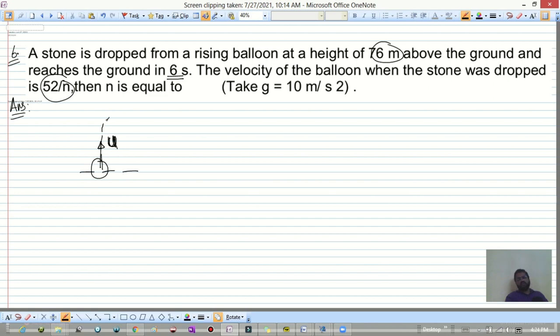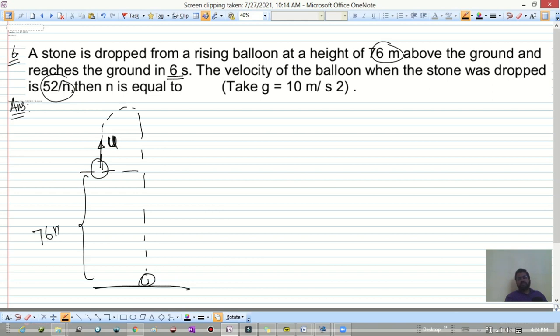So it will go up and then hit the ground. So it is released from 76 meters height above the ground. The velocity of the balloon when the stone was dropped is given as 52 by n, then the value of n we want.